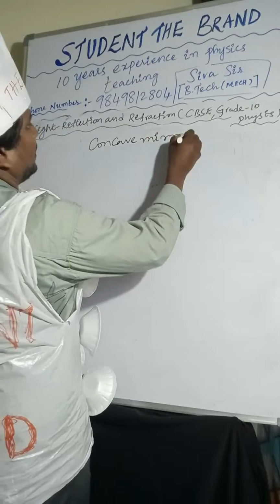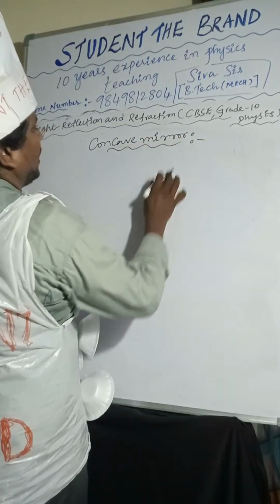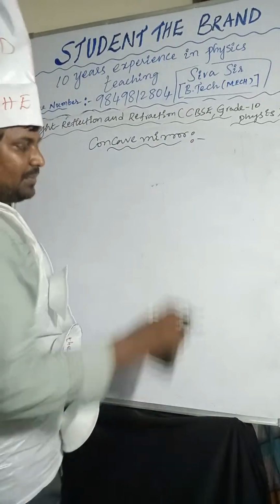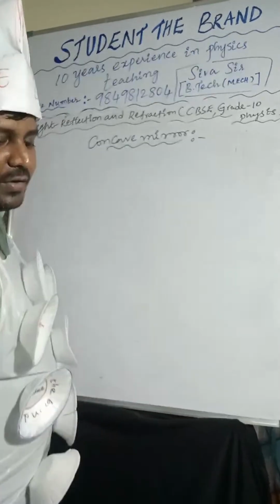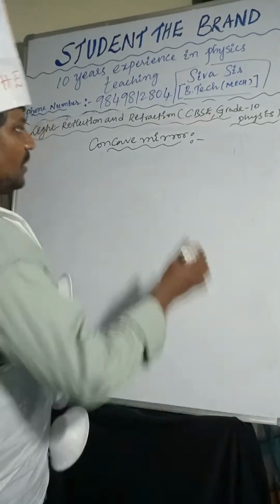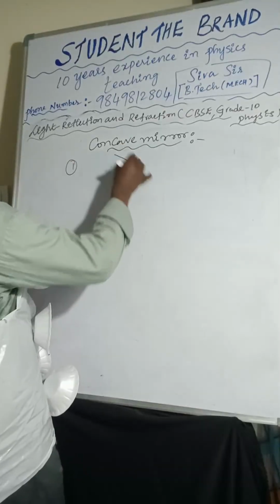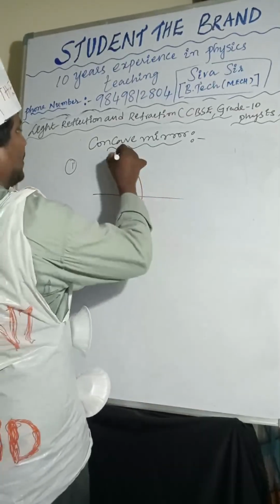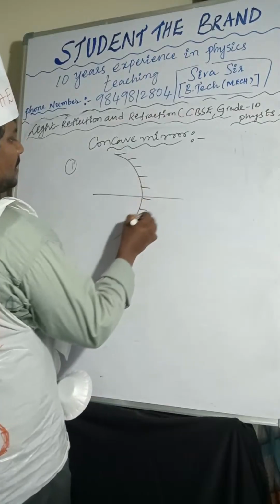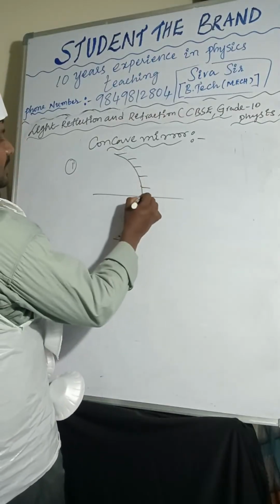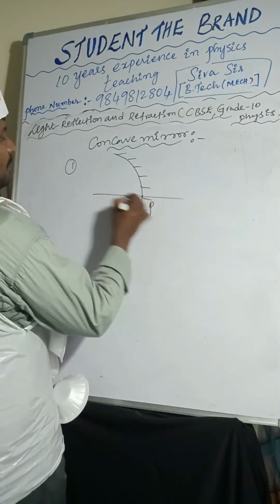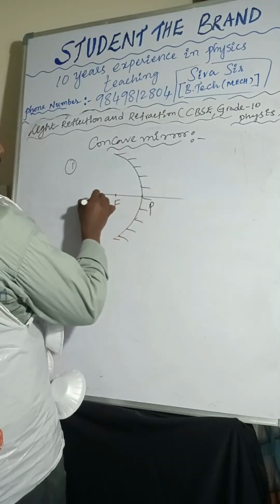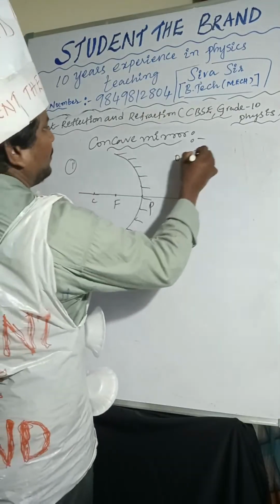Concave mirror. If the object is at infinity, I'm considering it now. You can see, first one: this is a concave mirror I'm taking here, and here is the object. I'm taking the pole, focus, and center of curvature. Object is at infinity.